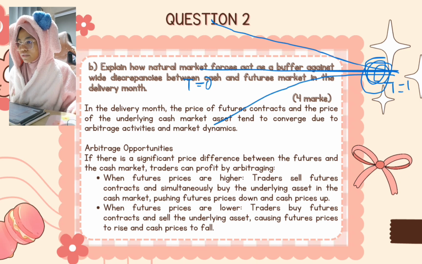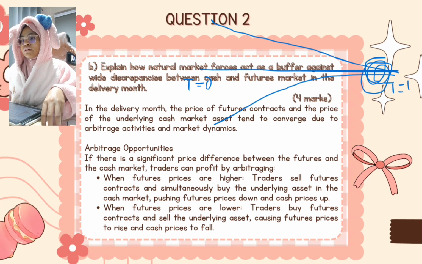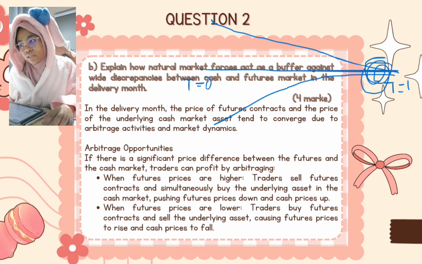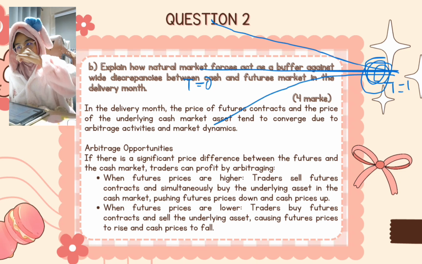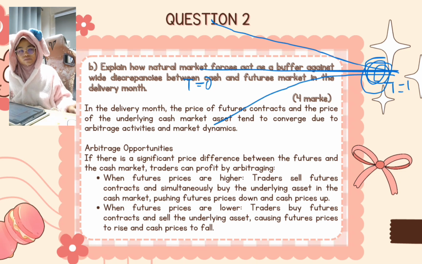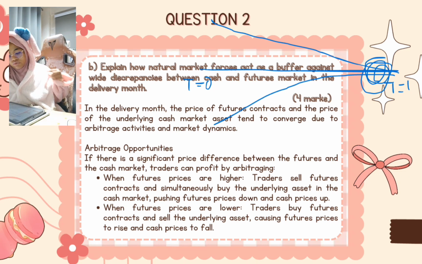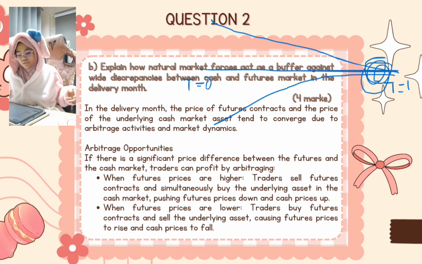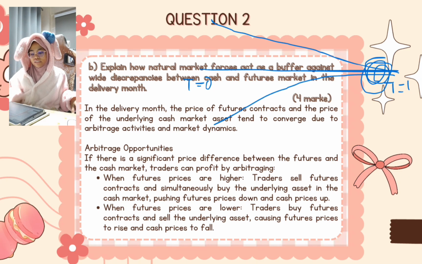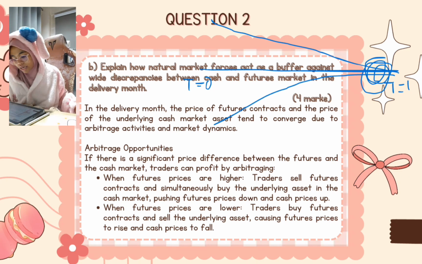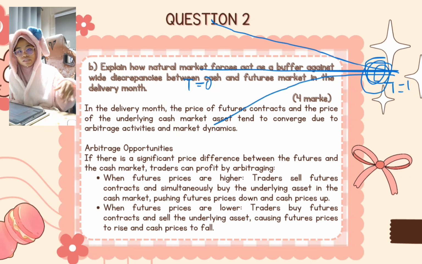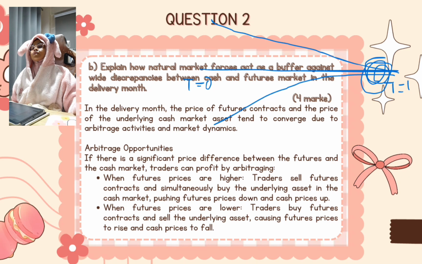Okay, so the arbitrage opportunities. If there is a significant price difference between the futures and cash market, the traders can profit by arbitraging. So there are two situations. When futures prices are higher, traders sell futures contracts and simultaneously buy the underlying assets in the cash market, which is going to push futures prices down and cash prices up.